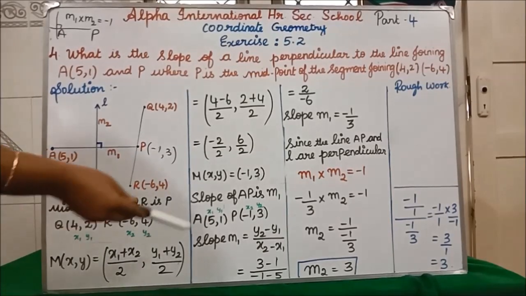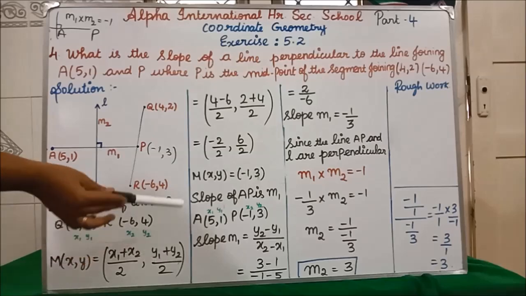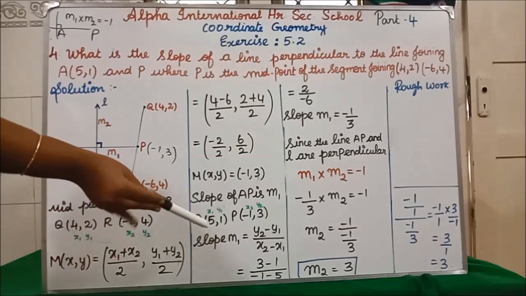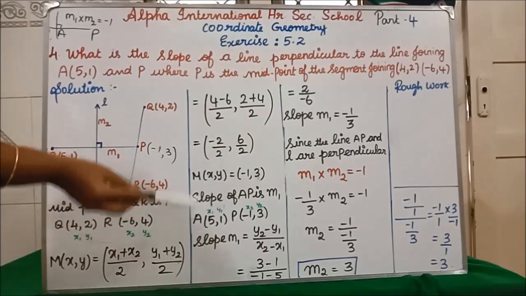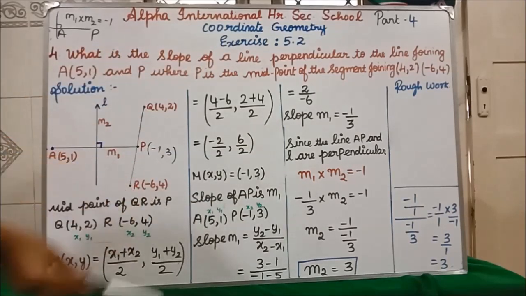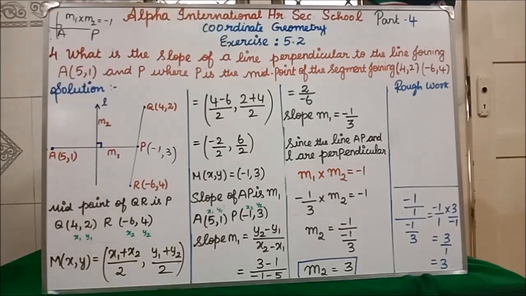So I have written (3 minus 1) divided by x2 value, which is -1, minus x1 value, which is 5. In the middle of the formula we have minus, so I have written minus. 3 minus 1 is 2, -1 minus 5 is -6. So 2 divided by 6, if you cancel, you will get 1 divided by 3. Since we have the minus, the answer is m1 equal to -1 by 3.